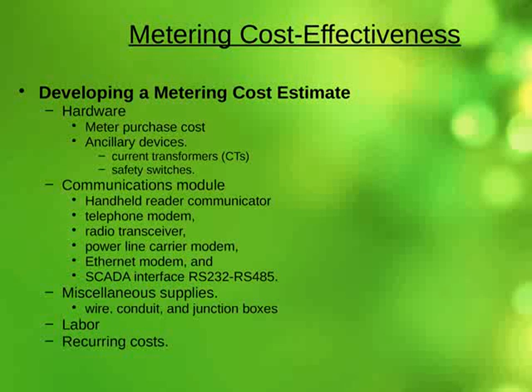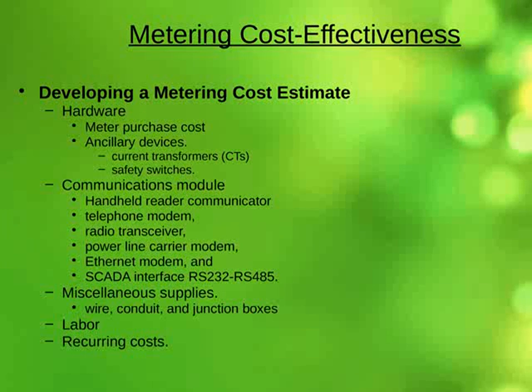Okay. So continuing on with regards to the effectiveness of putting together metering costs, really what you're looking at are several categories where it's not just the hardware, but also the communications that are available for that hardware, as well as the supplies, the wire conduit, junction boxes, labor, and recurring costs.